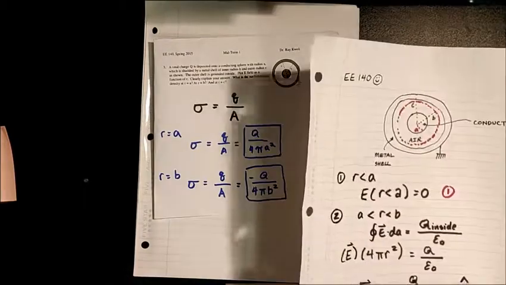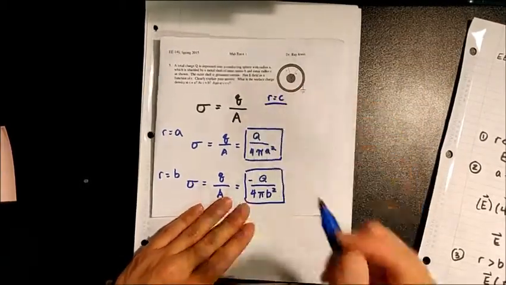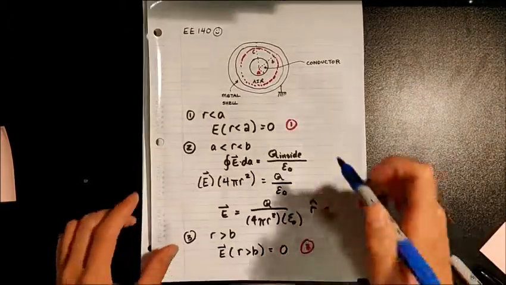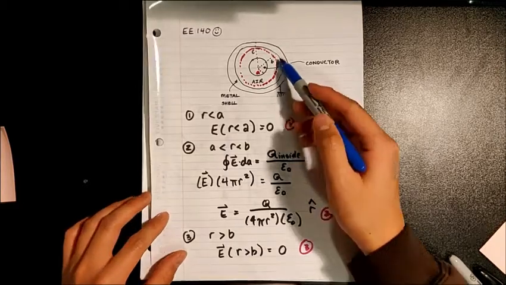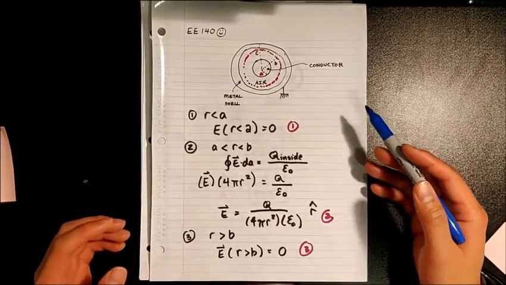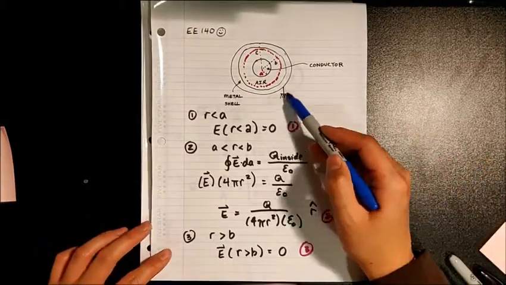And the same thinking can be said for our last one, R equal to C. For this case, we know that because it is grounded, the surface charge here will simply be 0. But let's say we have another scenario where it is not grounded.